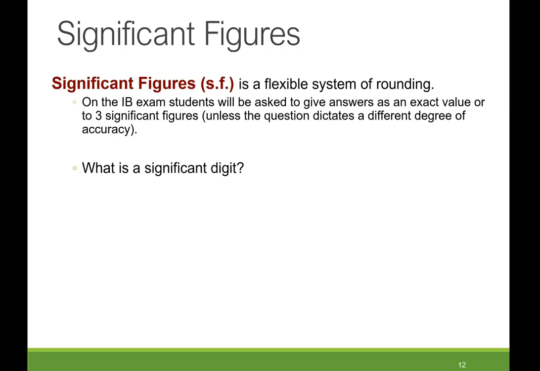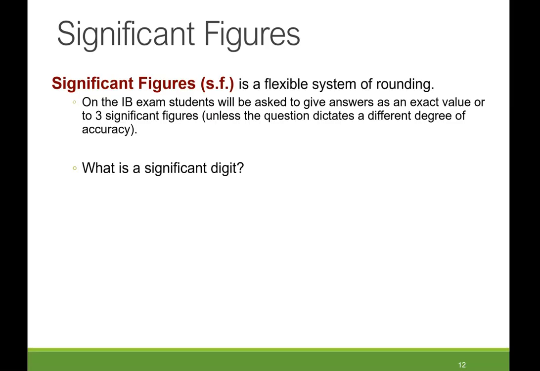If I have like 10.4 and like 4.56, my least accurate measurement was the 10.4. So I round to the tenth place when I add those two numbers together, because it's rounded to the least accurate measurement. Right?